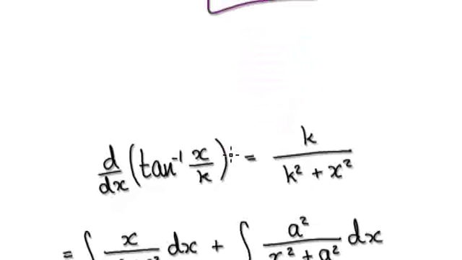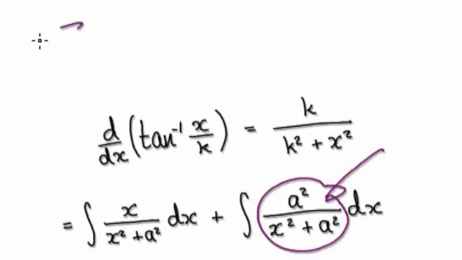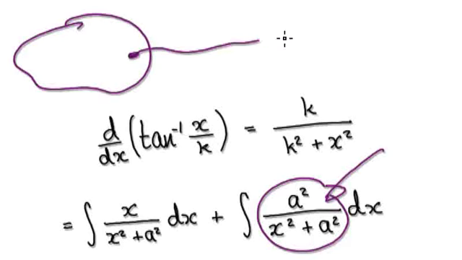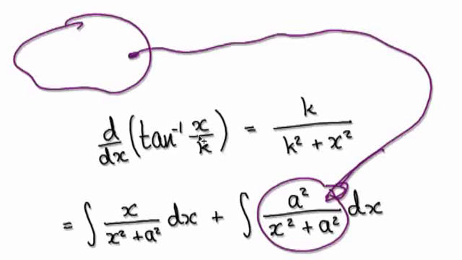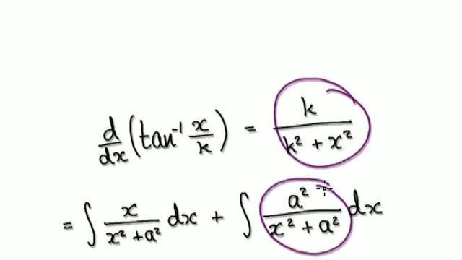The point I'm trying to make here is that we are trying to integrate this. So we are really looking for something such that when you differentiate it, it will give you this. Now, if you make this your initial guess and differentiate it, it will give you this thing here. This is very similar to this.